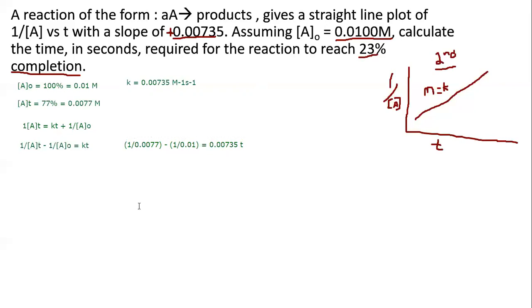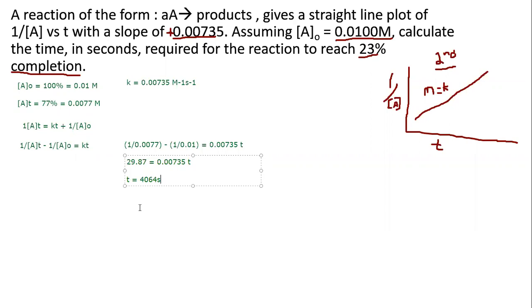So now we'll simplify, and we get, now we can solve for T. And we get about 4,064 seconds.